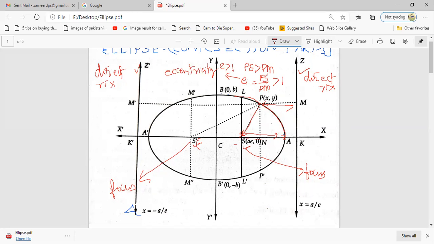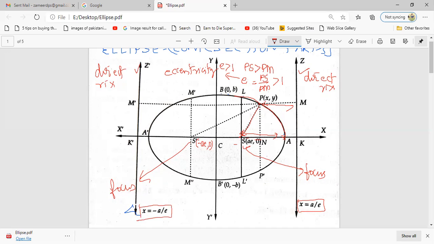The left focus has coordinates minus A E, 0, and the right focus has plus A E, 0. And these two are directrix, with equations x is equal to A upon E, and x is equal to minus A upon E.